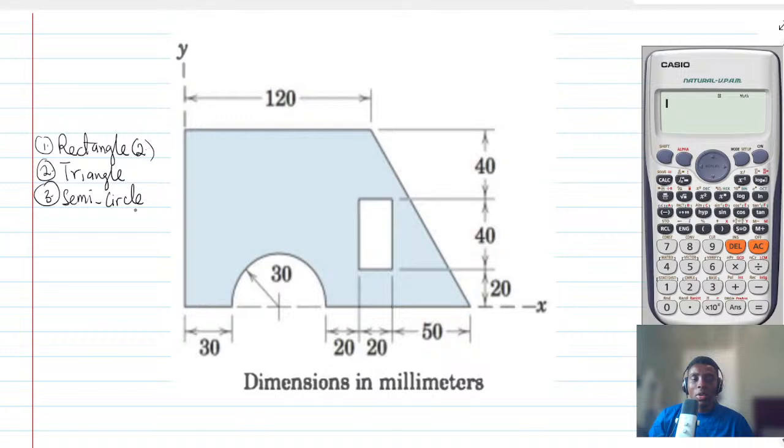So in all, we have 4 areas. All right. So then let's start.